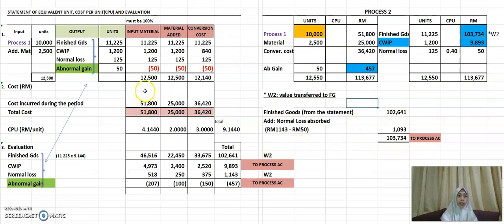Just remember, if you have abnormal gain, you have to deduct it from the equivalent units. Why? Because abnormal gain is your debit item, while the remainings are your credit items. And for the evaluation, if that item is 100% complete for all the columns, such as your normal loss, your abnormal loss, and your finished goods here, then you can straight away take the quantity times the total of your cost per unit.